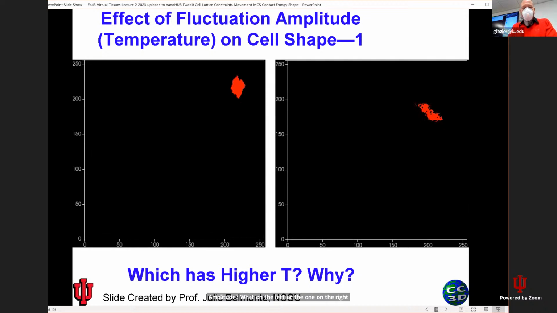How about getting hands up? Give me a thumbs up if you think that the cell on the left has a higher fluctuation amplitude. Remember that the fluctuation amplitude gives me a higher probability of something unfavorable to happen.